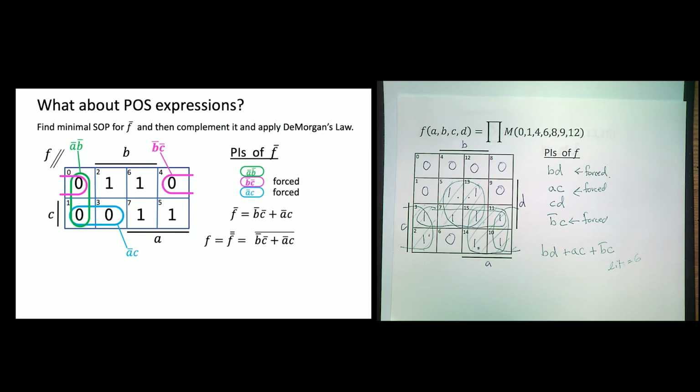I want a product of sums for f. And the way I do that is, well, f is f complemented twice, so if this is my sum of products for f bar, then I'm going to complement it. And then when you distribute De Morgan's law, this is going to turn into a product of sums.